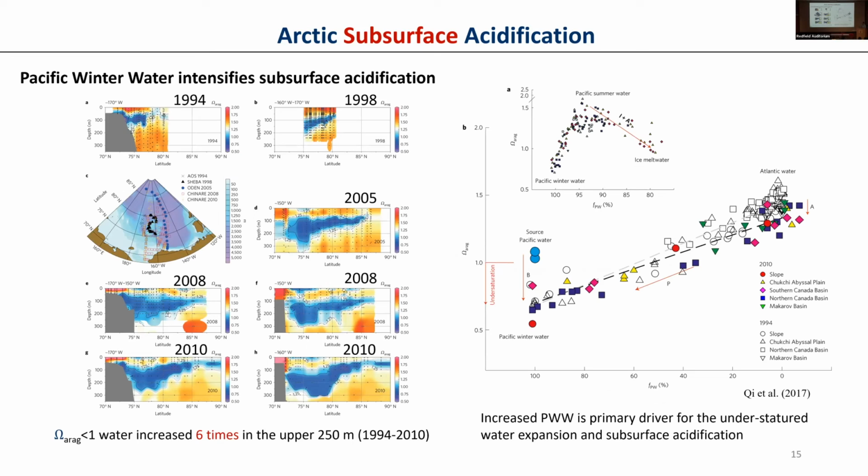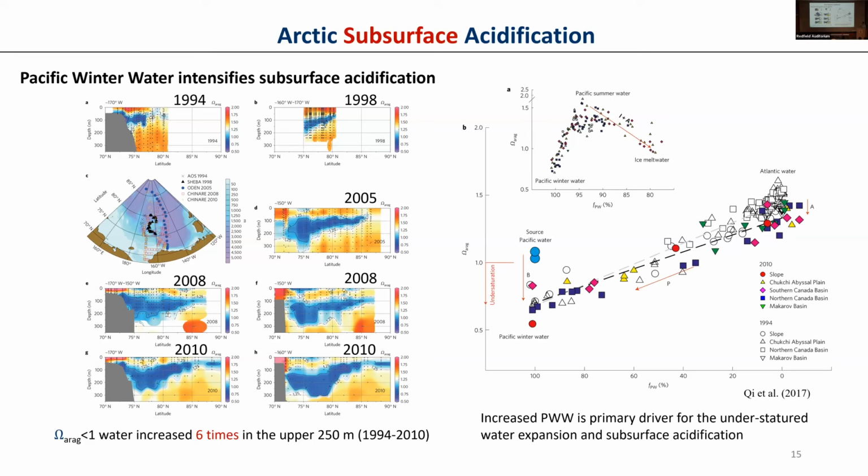Next, we talk about how the Pacific winter water intensifies the subsurface acidification. Based on the observations from 1994 to 2010, we noticed that the undersaturated water with regard to omega expands deeper and further northward from 1994 to 2010.